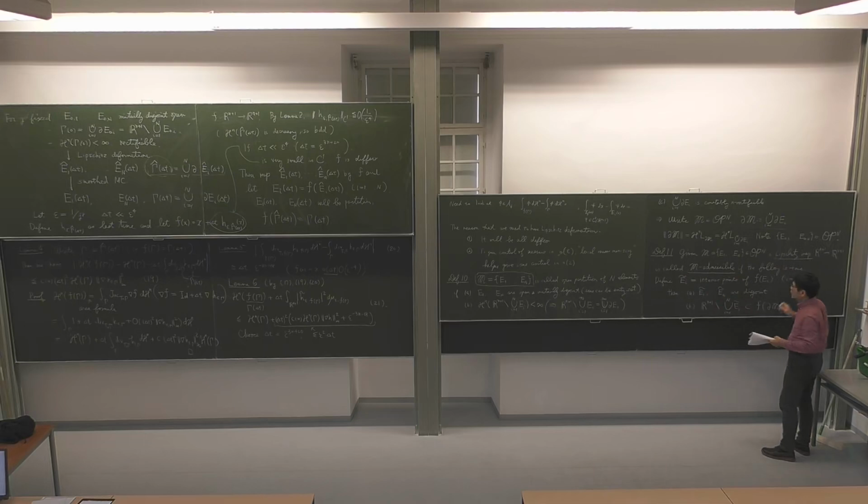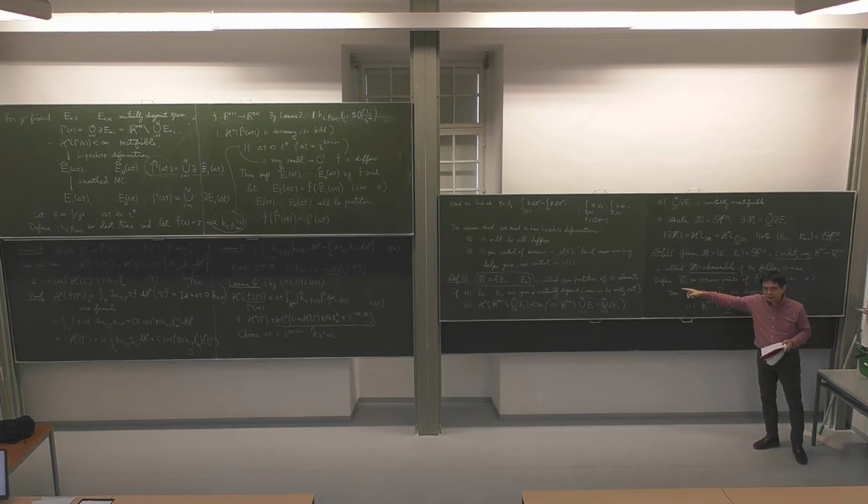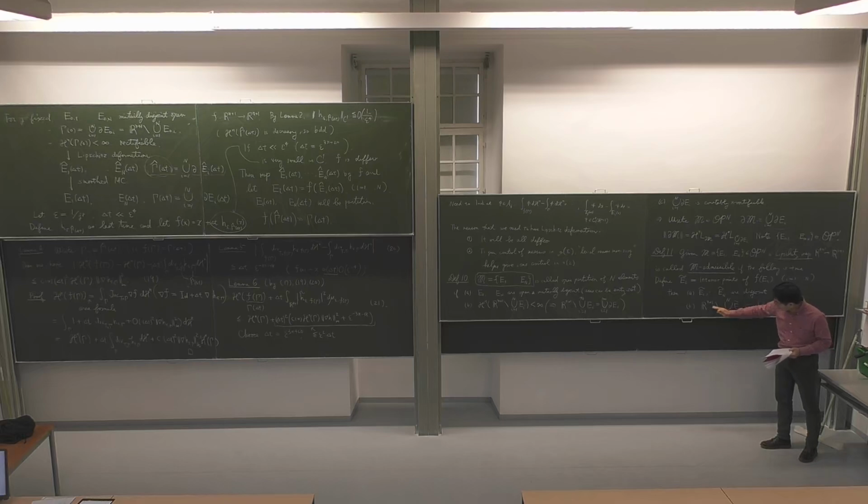A Lipschitz map is called admissible if you first define the interior points, ask them to be disjoint, and also this set minus this open set is included in the image of the boundary.